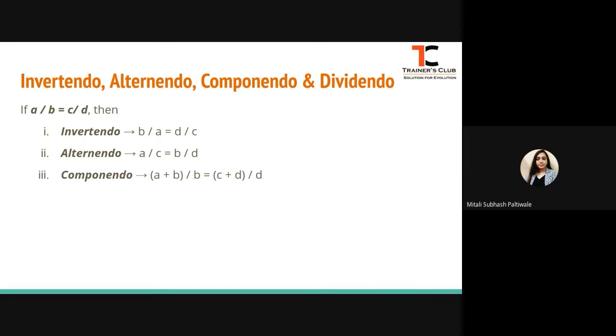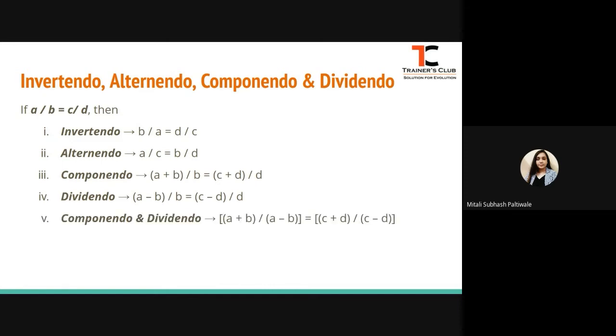Now let's go to componendo. Componendo will have A plus B by B equal to C plus D by D. Now dividendo will have A minus B by B equal to C minus D by D. Componendo and dividendo is the combination of both of them.